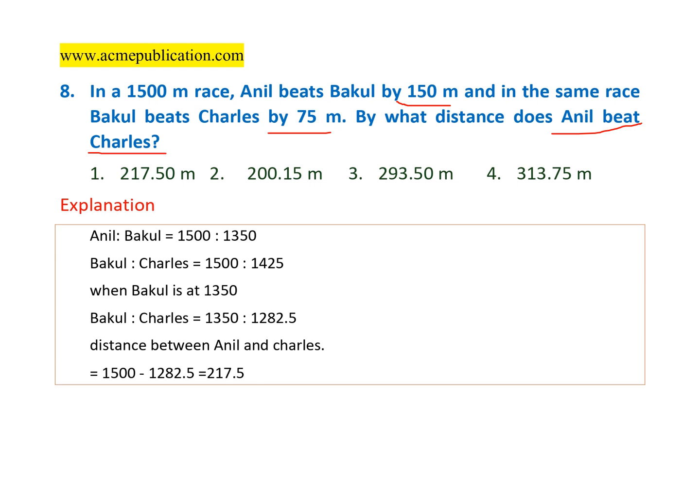This question can be solved by using ratio. When Anil is at 1500 meters, Bakul is at 1350 meters, and when Bakul is at 1500 meters, Charles is at 1425 meters.